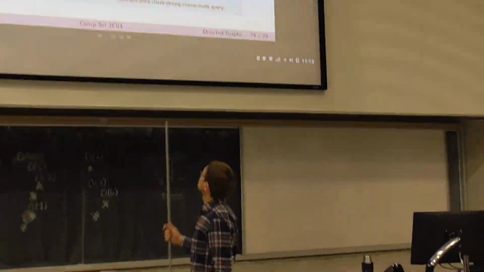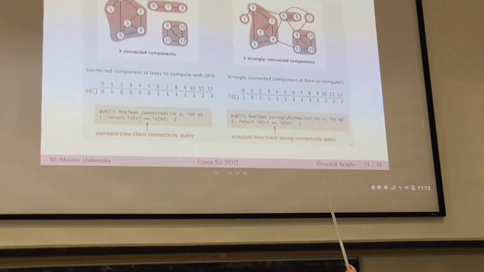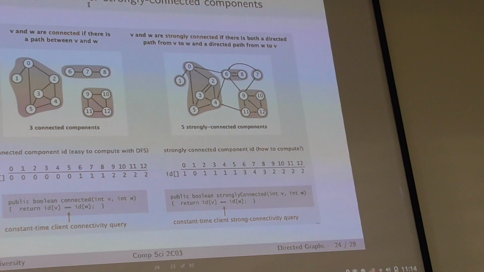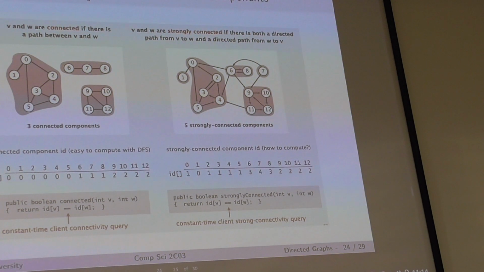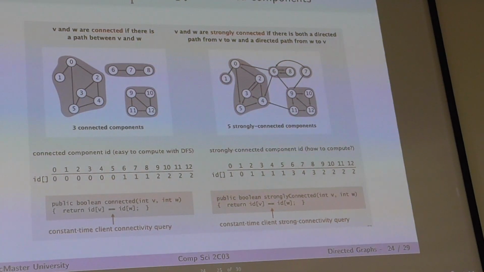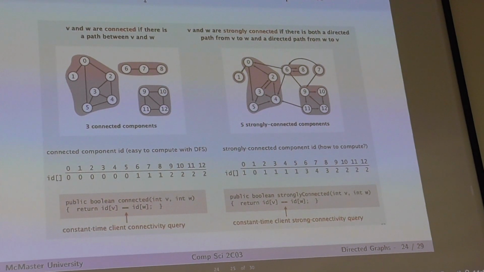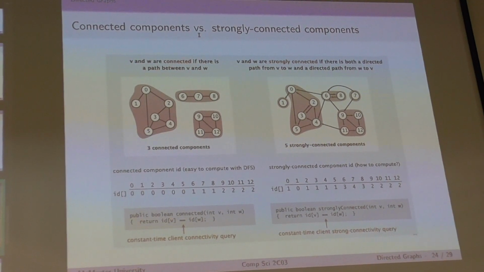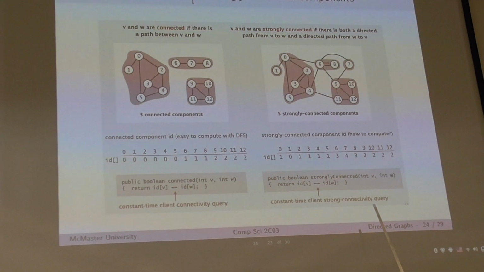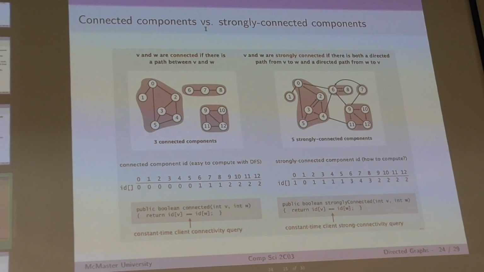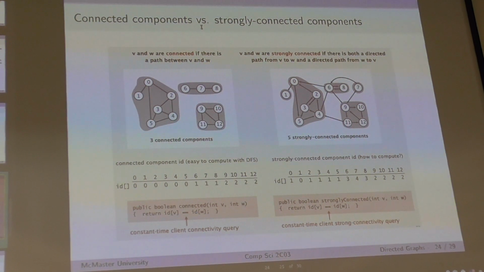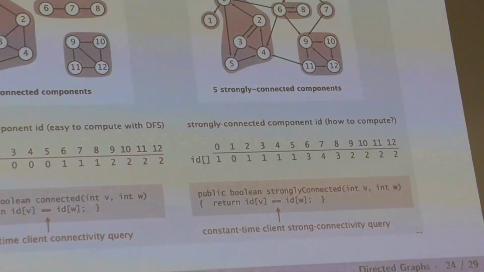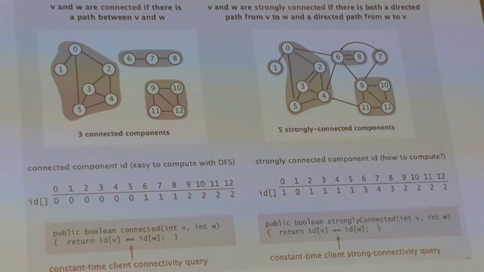In the case of strong connectivity, we can produce a similar ID array which maps each vertex to an ID number for the strong component that it is a member of. In the same manner, we can produce a constant time algorithm for looking up whether or not these elements are strongly connected. Make sense?